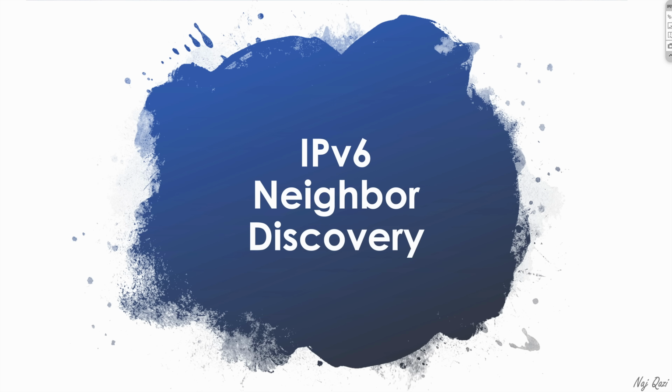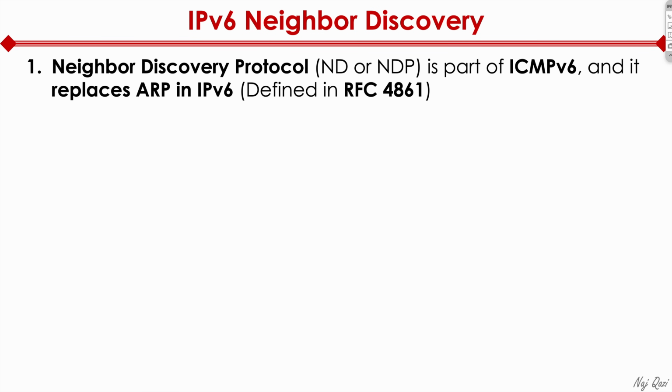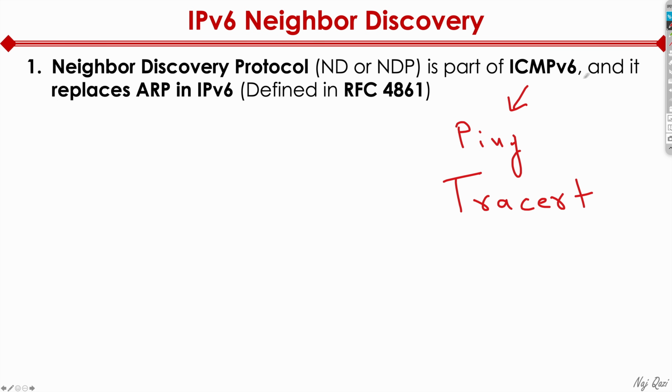Now let's quickly shift our attention to IPv6 neighbor discovery. In IPv6, we have a neighbor discovery protocol, or NDP. It's defined in RFC 4861, and it's part of ICMP version 6. If you recall, ICMP is Internet Control Message Protocol. It also exists in IPv4, so every time we ping or traceroute in IPv4, we're actually using ICMP.